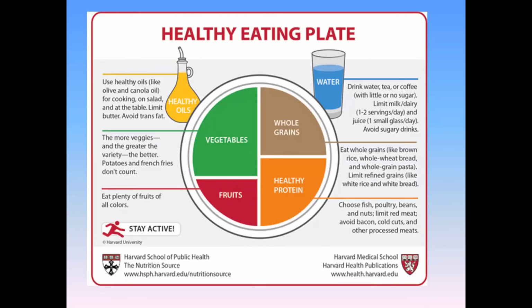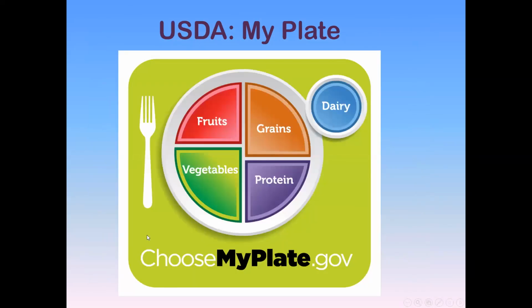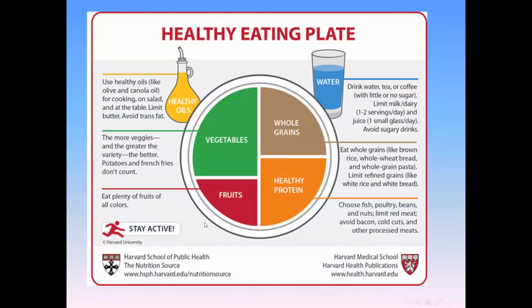You can drink water or low-calorie drinks, but you can have only 1 to 2 servings of dairy, according of course to the age and the need. Here they added the healthy oil. Here they added stay active. So if you compare, this one is very general, but this one is more detailed, and this is the one that you should really adopt and follow.